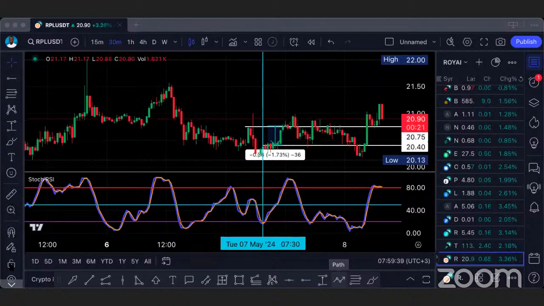So we get in at the crossover, and we must be able to draw lines of support and resistance so that we can get entries and exits in the market. I will talk about lines you could use if you are not good at drawing support and resistance.